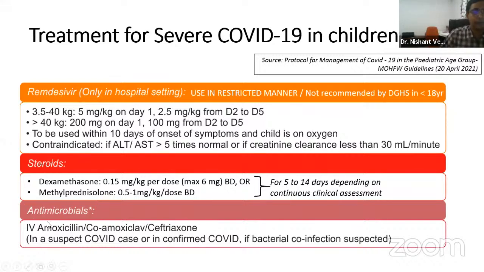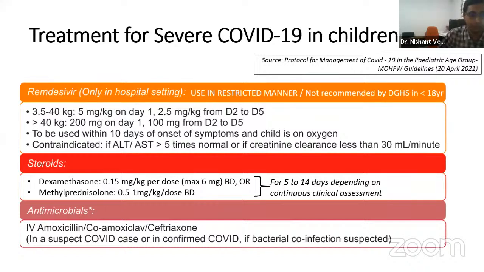Next class of drugs is antimicrobials. Now, COVID pneumonia is viral. Antibiotics are not going to help. But the thing is, you may not be able to differentiate bacterial pneumonia from viral pneumonia. So most of us use antibiotics for severe pneumonia, even if the COVID RT-PCR is positive.